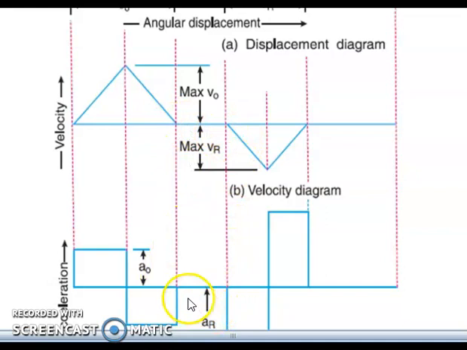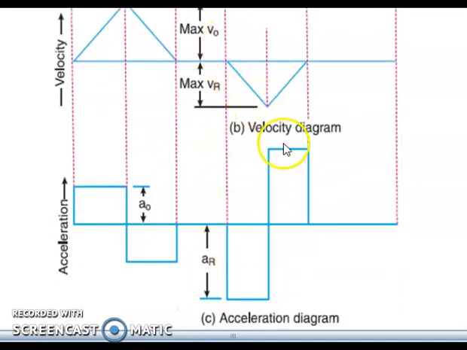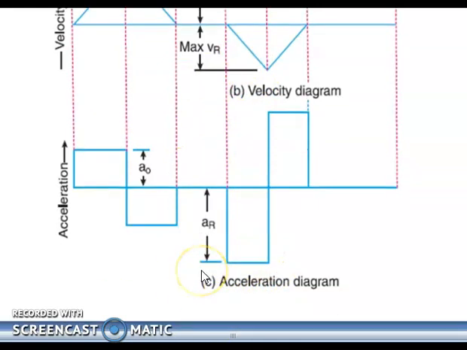When velocity is 0, acceleration is 0. Along the negative side again you have the constant acceleration and you have the positive acceleration.